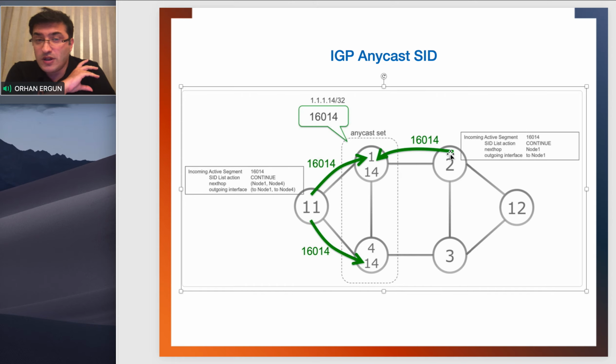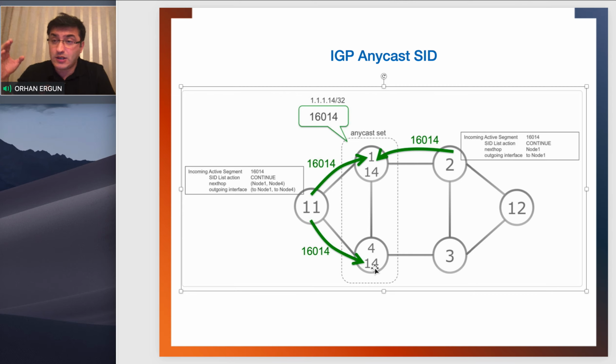So from the IGP point of view, if the total cost to these two nodes is the same, then they can do ECMP. If not, they cannot. Whenever there is an anycast rendezvous point, for example, it was for multicast, right?